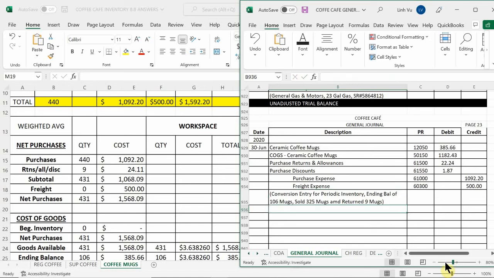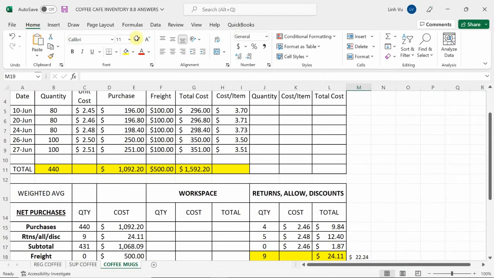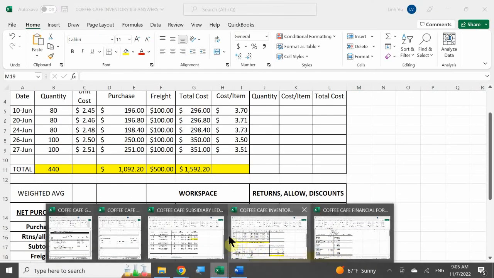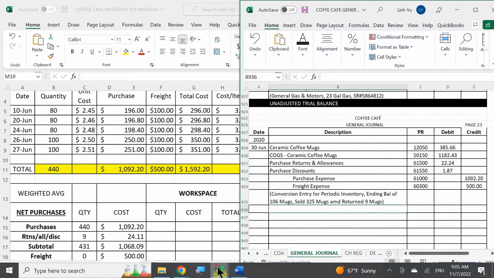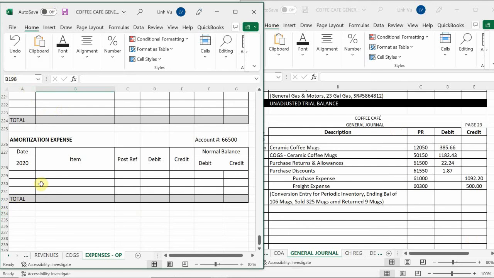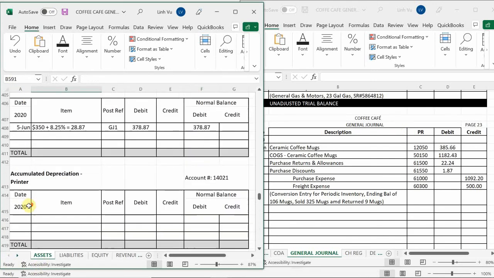Good. So as usual, every time we do a journal, we must post it to our what? Our ledger. We've got to post it to our ledger. So let's go ahead and post our answers to my ledger. First things first, I have some ceramic coffee mugs, so go to assets, which is my inventory here.